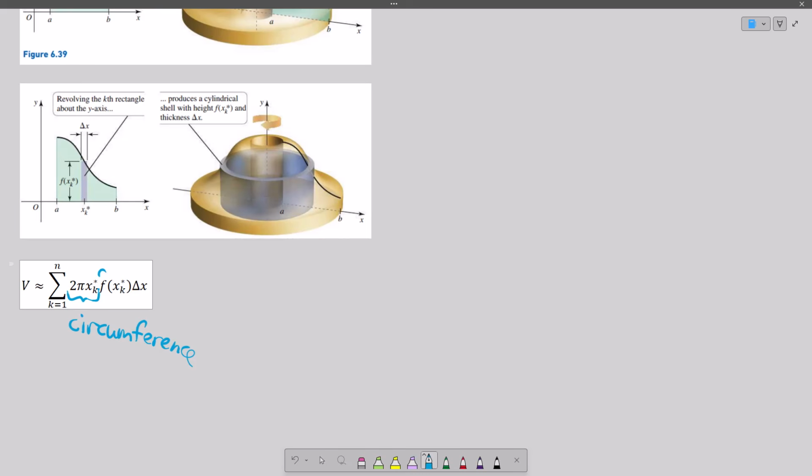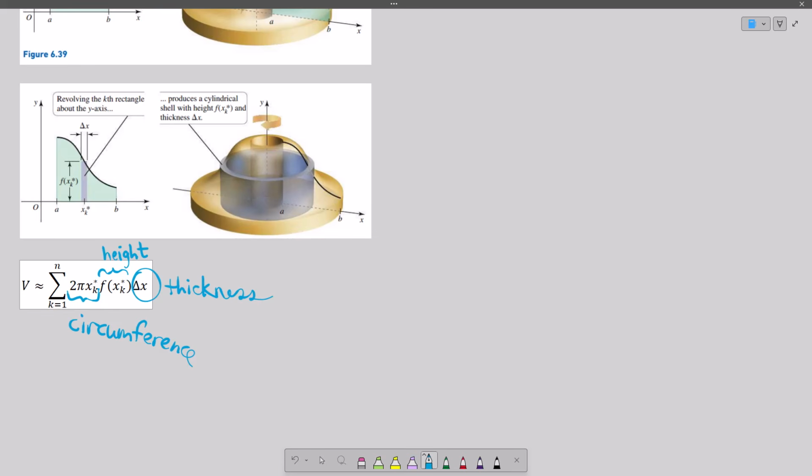So this guy in here is height. And then that is thickness. So all that means this is the miniature volume. It's the volume of one of those cylindrical shells.